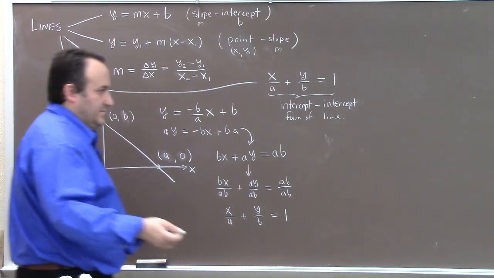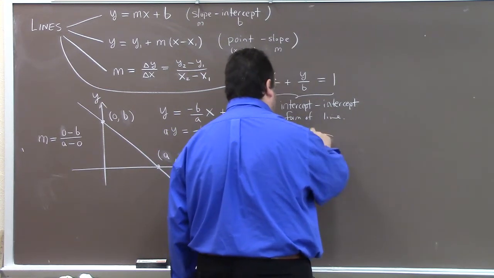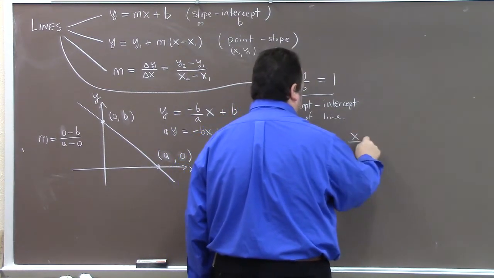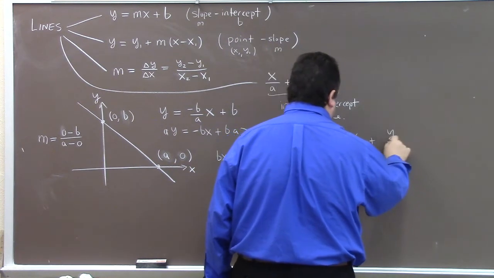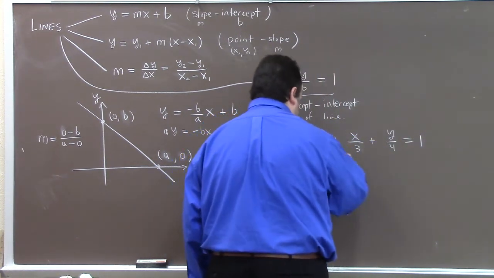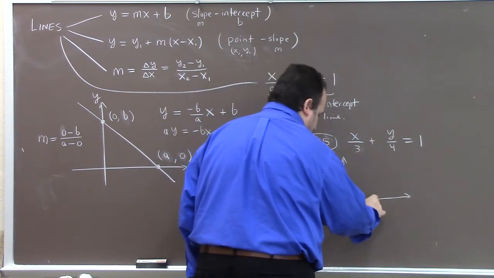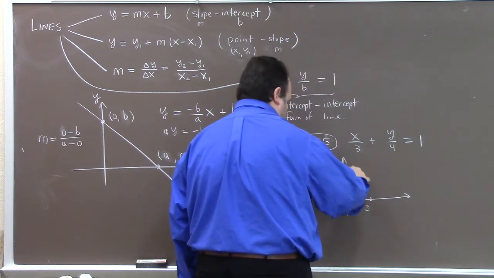For example, example 5. If I had x over 3 plus y over 4 equals 1, what is that? It's got a y-intercept of 4, it's got an x-intercept of 3.